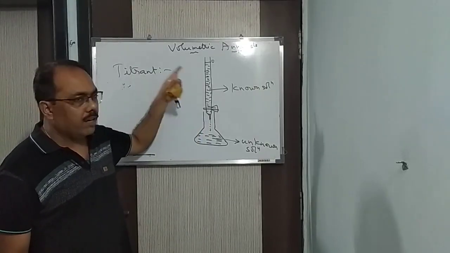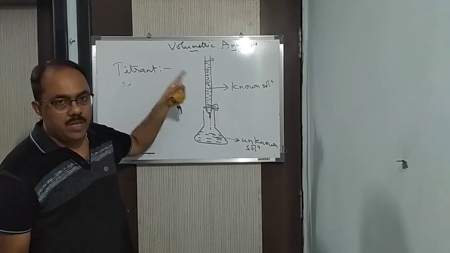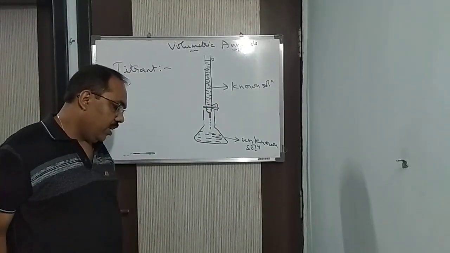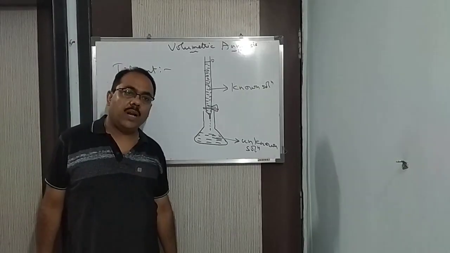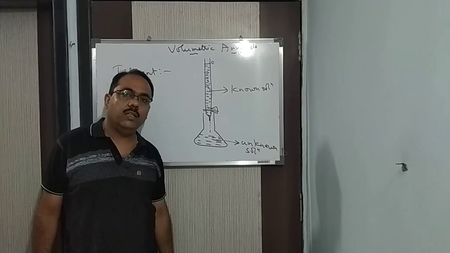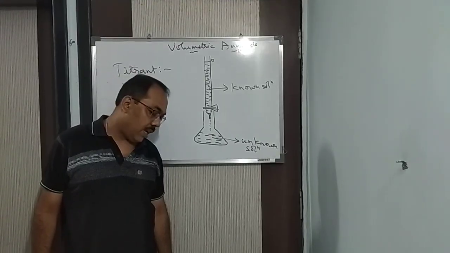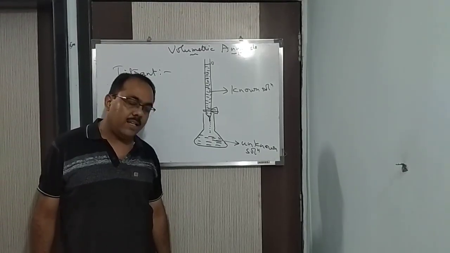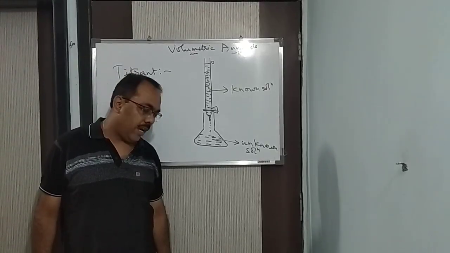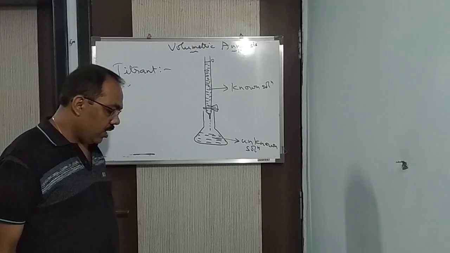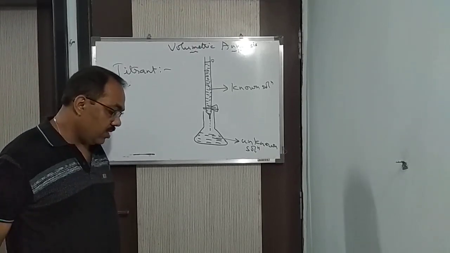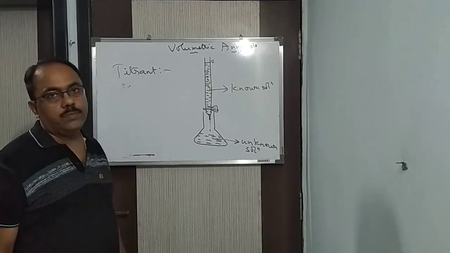Now this titrant is of two types: primary titrant and secondary titrant. Write down. Primary titrant: these reagents can be accurately weighed and their solutions are not to be standardized before use.